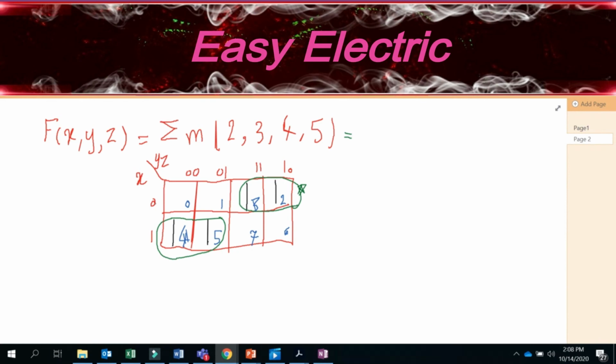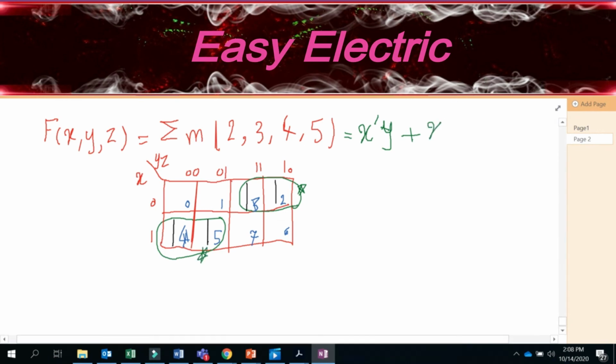So as I mentioned, you check the x: whenever it is 0 or 0, 0, it gets prime. So that means here you have x prime. Okay, that's for x. Y here is 1, here is 1, so it should be y. How about z? Z here is 1, 0, so there is no z in this term. Plus. How about this?